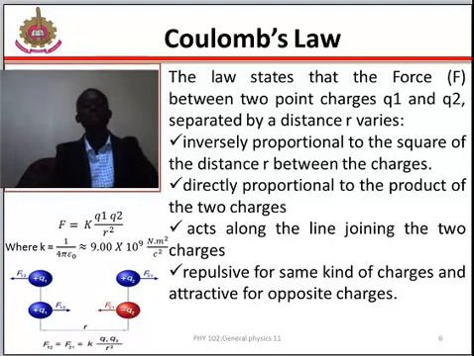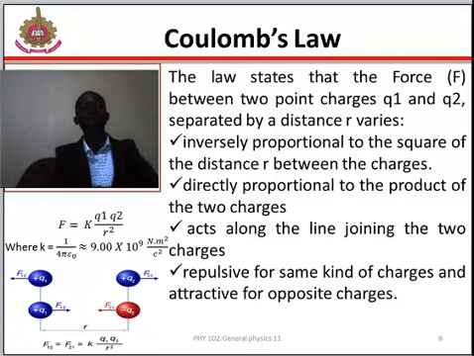Mathematically, the force F can be represented as F equals K Q1 Q2 divided by r squared, where K is a constant approximately equal to 9.00 times 10 to the power 9 newton meter squared per coulomb squared for free space, that is, for a vacuum medium. The epsilon naught is called the permittivity of free space.